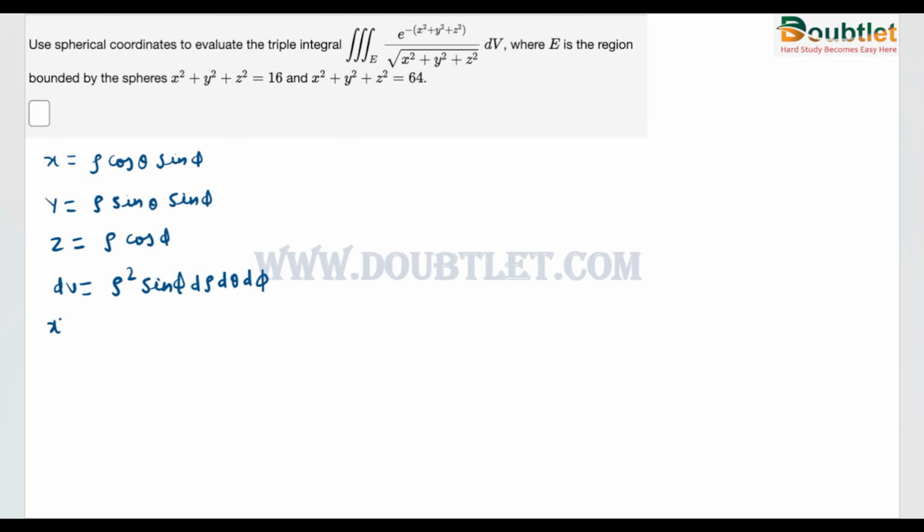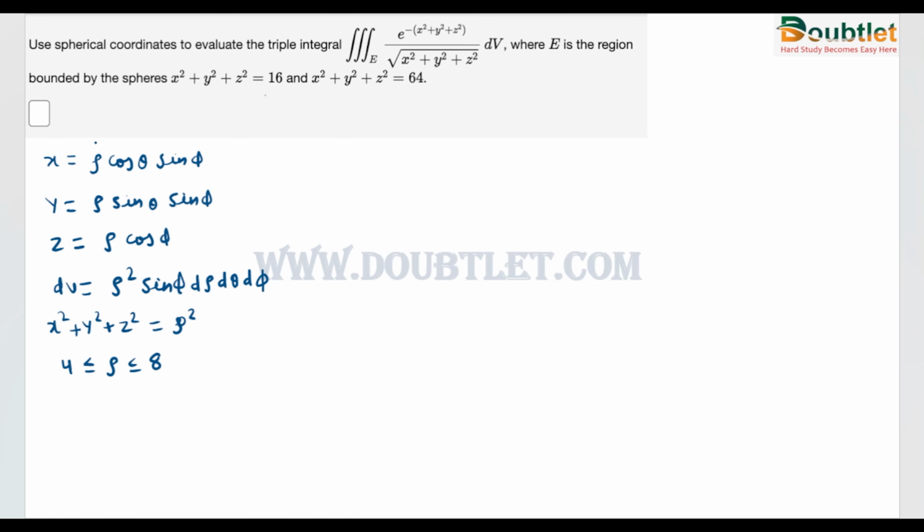We can write x square plus y square plus z square as rho square. Now the limits: the radius of the two spheres varies from 4 squared to 8 squared, so the value of rho varies from 4 less than or equal to rho less than or equal to 8.